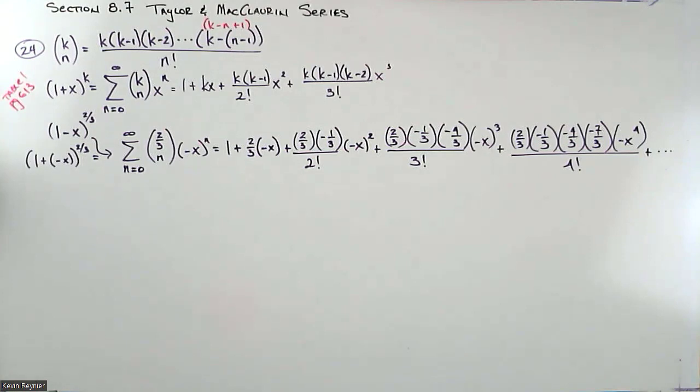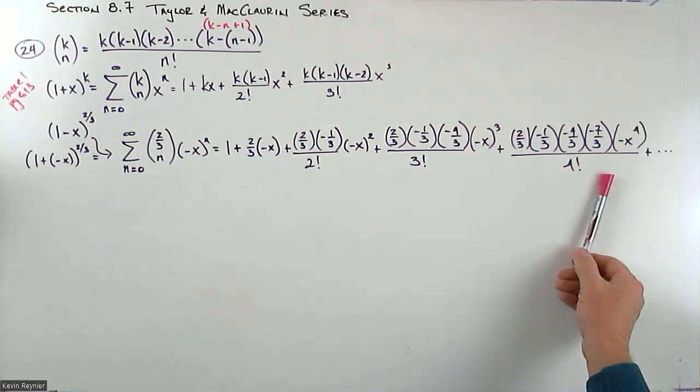Now, we have to write this as a power series. And this is where experience pays off. When you do these binomial series problems for the first time, it can be kind of daunting to try to match the answer that they put in the book. Typically the way these work is we focus on this part.